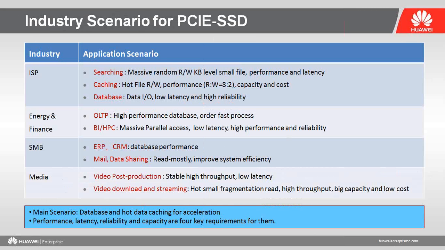So really we're talking about database and hot data caching for acceleration. It's all about performance, latency, reliability, and then capacity comes into play, because today PCIe or SSD has limited size compared to its spinning mechanical counterparts.